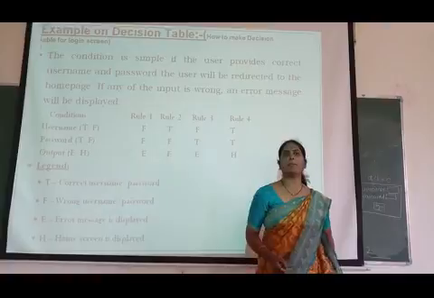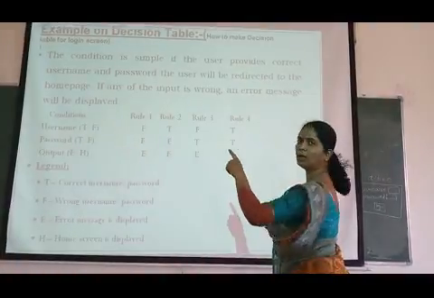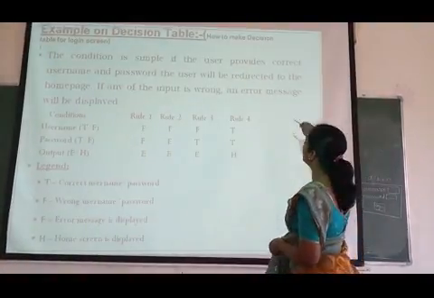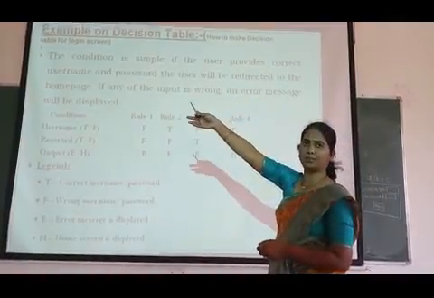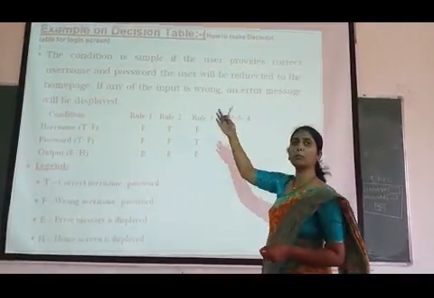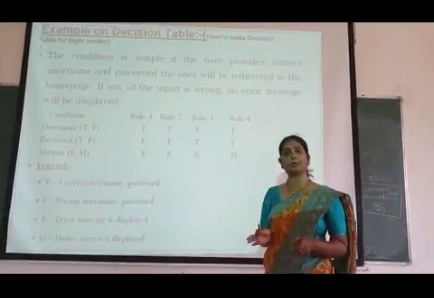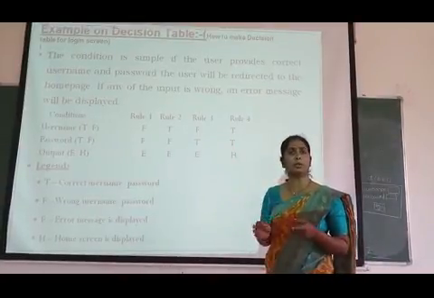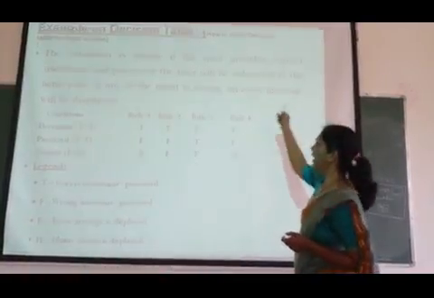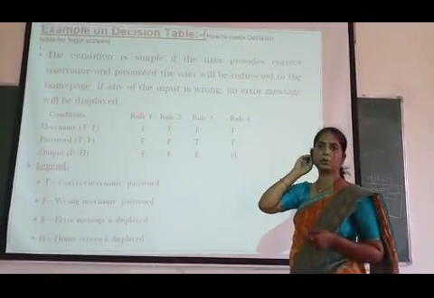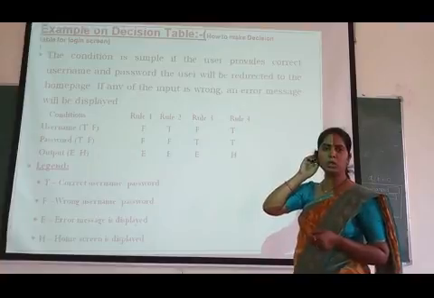If both values are correct, the user will be redirected to the home page. And if any of the inputs, not both, if any one input is wrong, then an error message should be displayed to the user.